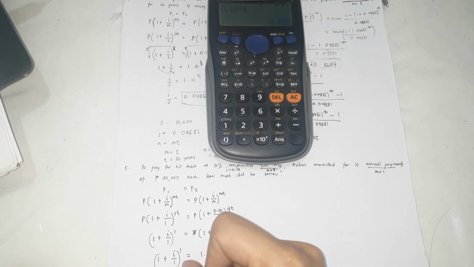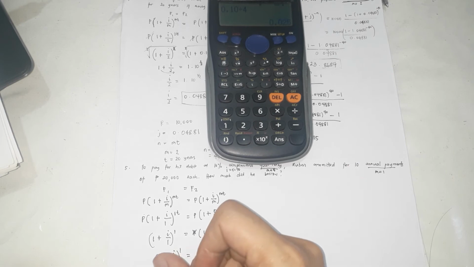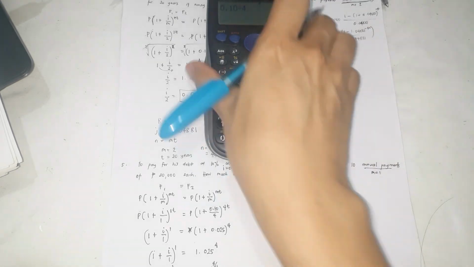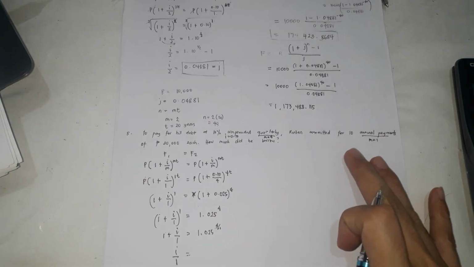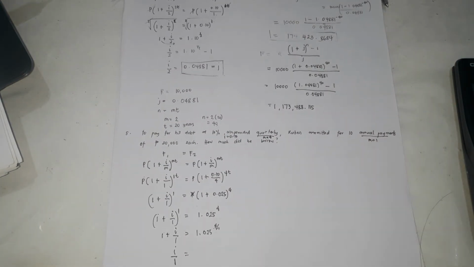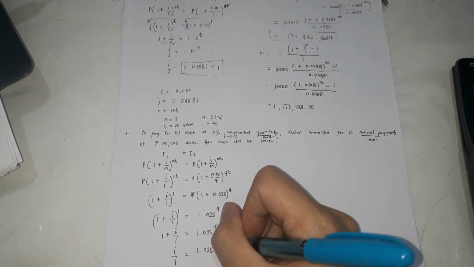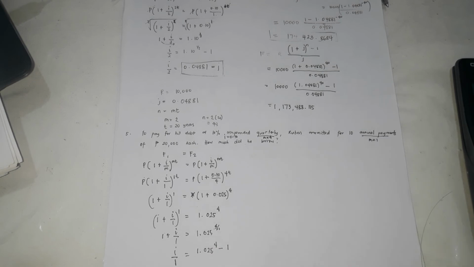So, transpose mo yung 1, ilipat mo sa kabila, or addition property of equality. So, magiging 1.025 raised to the power of 4 minus 1.